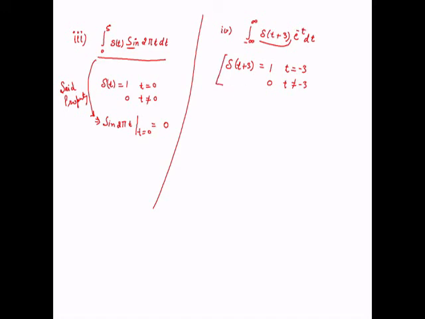For this we are going to again represent it using the said property, which we have covered in the last slide. So we can write integration from minus infinity to infinity delta t plus 3 e raised to the power minus t dt. So we can write e raised to the power minus t by taking the value of t is equal to minus 3. So this implies that e raised to the power 3 is the solution.